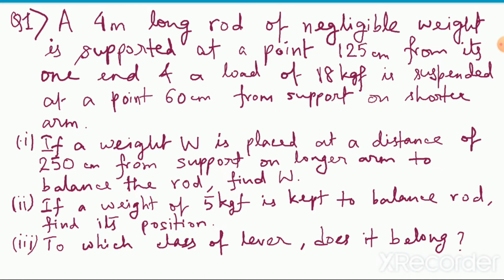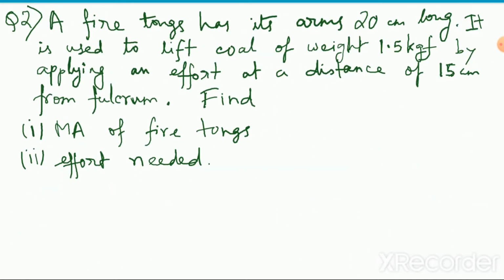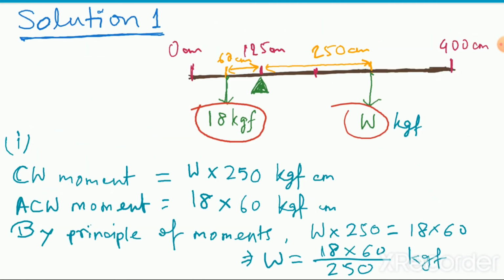In the second part of the problem, you have to consider a weight of 5 kg. We do not know its position, so let us say that the weight of 5 kg is placed at a distance of x from the support on the longer arm.